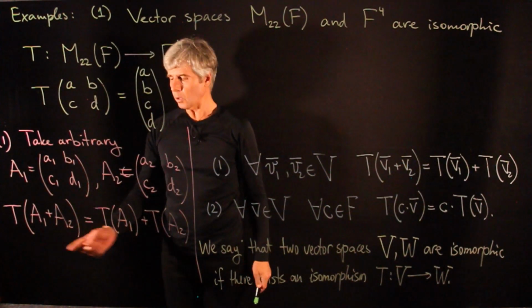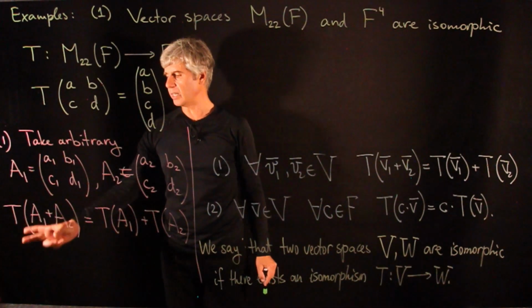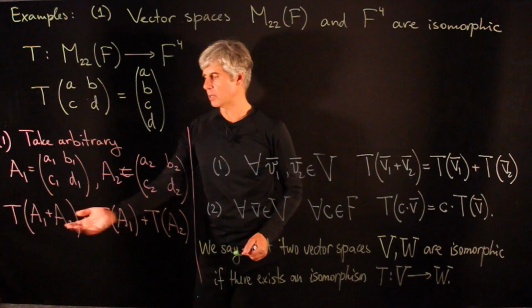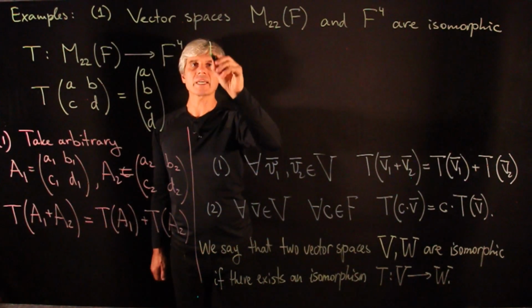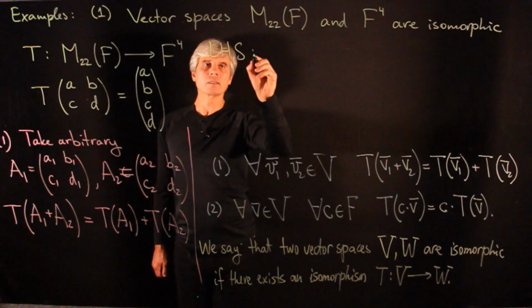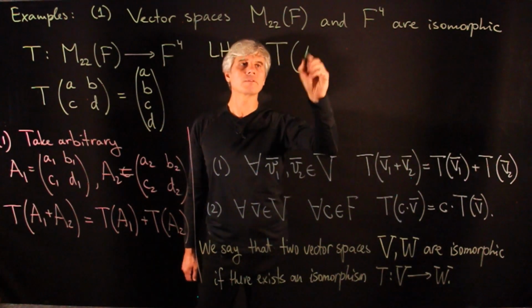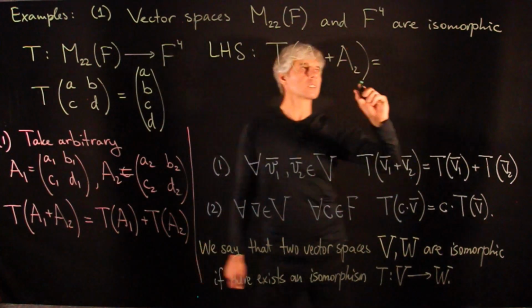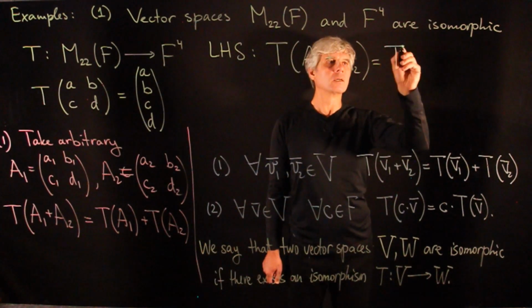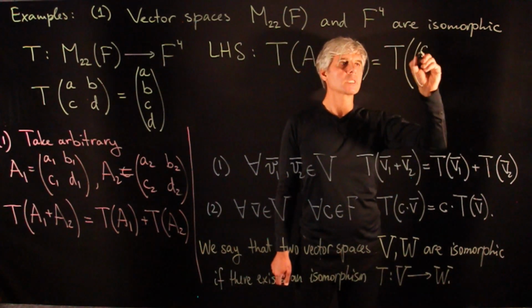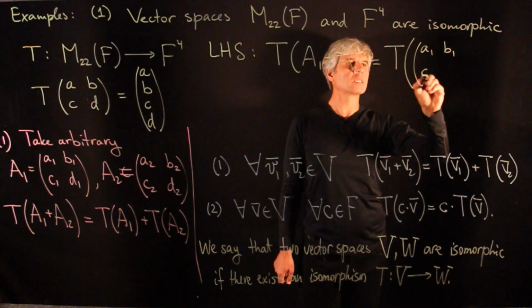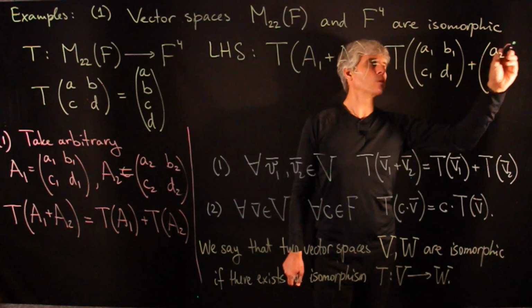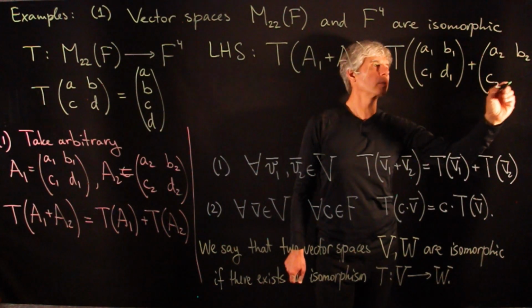Now, to prove this equality, what we do is we compute the left-hand side and the right-hand side. And we show that the results are the same. So let's take the left-hand side. So here we have T of A1 plus A2. So this is T applied to a sum of 2 matrices, A1, B1, C1, D1, plus A2, B2, C2, D2.